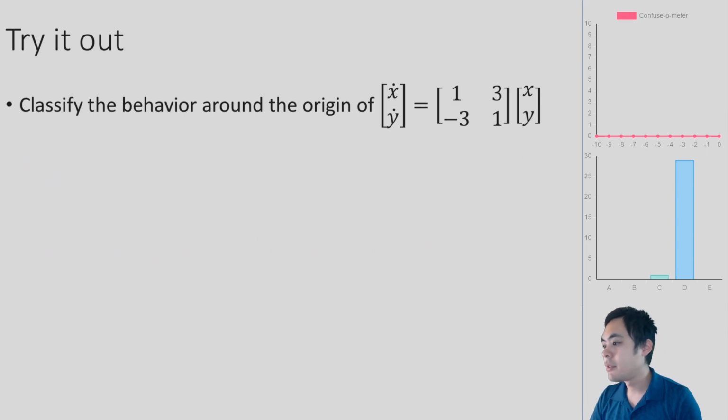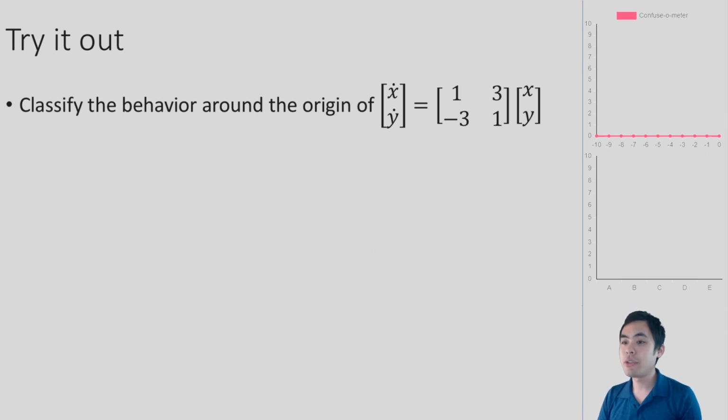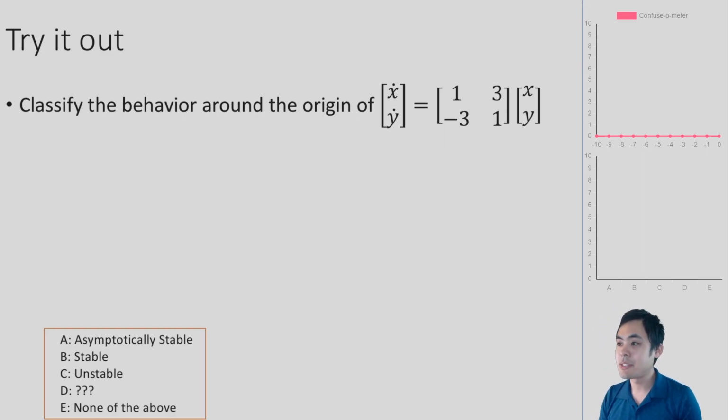Let me reset. I want you to classify the behavior around the origin of x dot, y dot equal to [1, 3; minus 3, 1] times (x, y). So the first question is: is it asymptotically stable, stable, unstable, or none of the above?